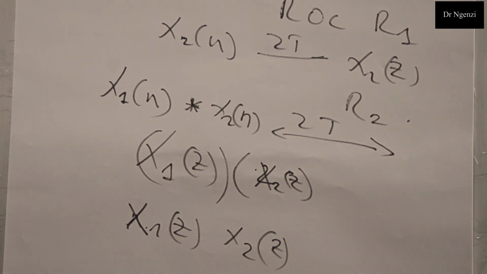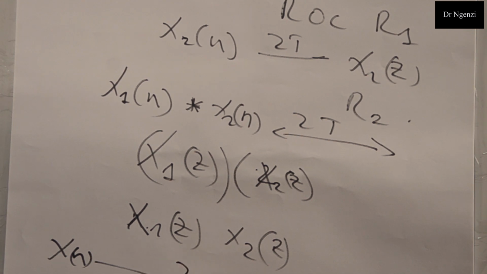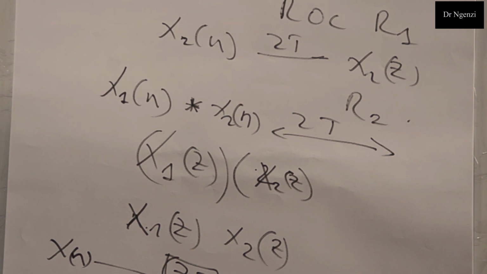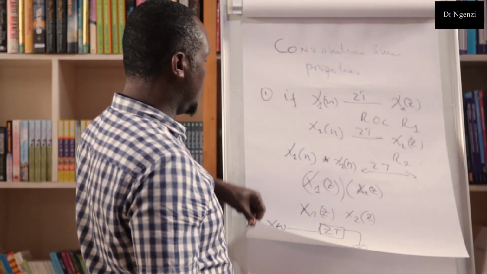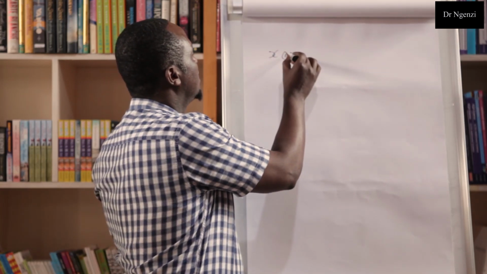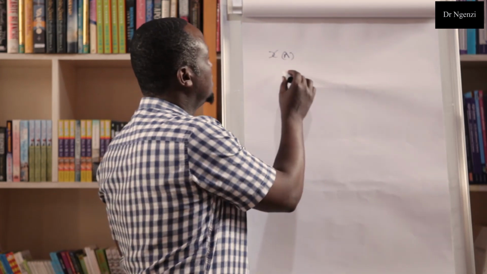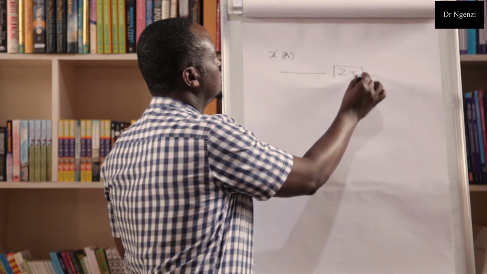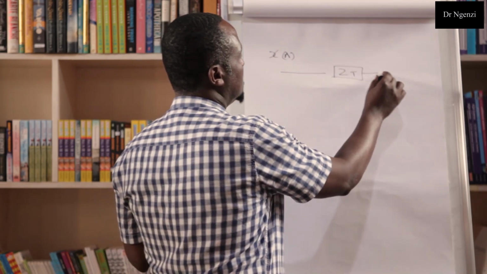Suppose we have a signal, so you can have x of n as a system input. Let me just write it properly. Suppose you have an input x of n that goes to the Z transform, then you convert it at this level.